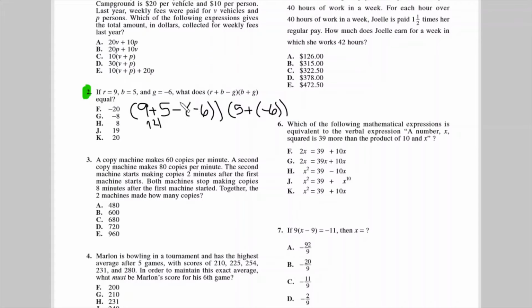A little trick that I learned when I was doing this first is that you just make this into a big, huge plus sign. So then we're going to make this 14 plus 6. So our first set of parentheses is going to equal 20. And now we can look at the second set of parentheses. 5 plus -6 is just -1. So then we're going to end up doing 20 times -1, which will give us a final answer of -20. So our answer is going to be F.